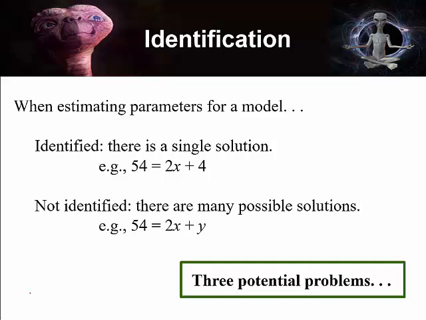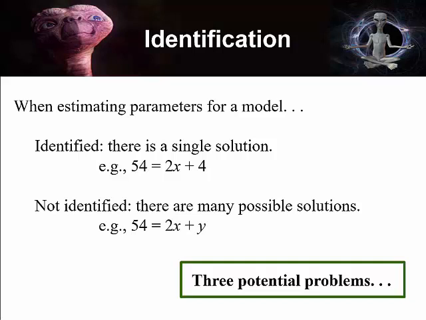A model would not be identified if there were many different possible values that our parameters could take on, and all those different values produced equally good fit. In this case, it wouldn't be possible to identify one best model because there are many different possible solutions and they all work equally well.